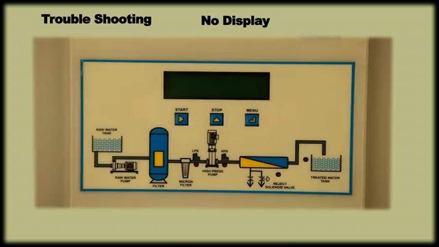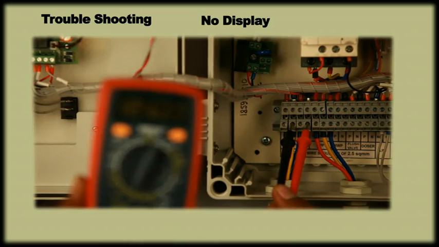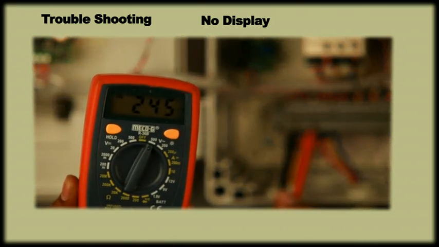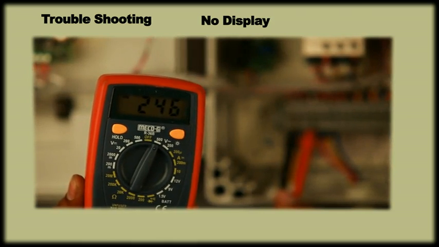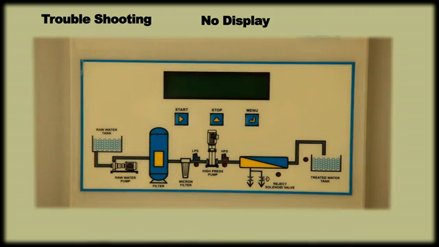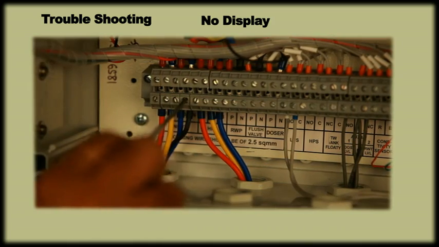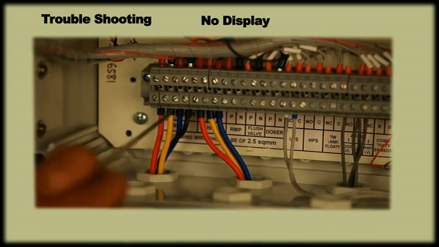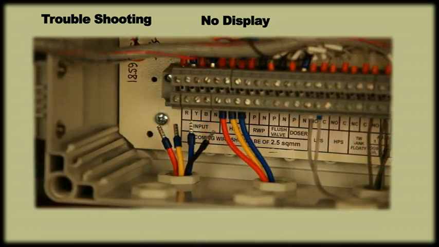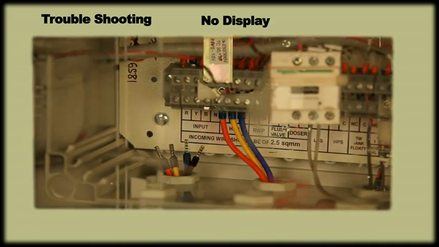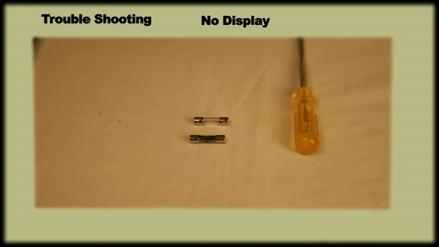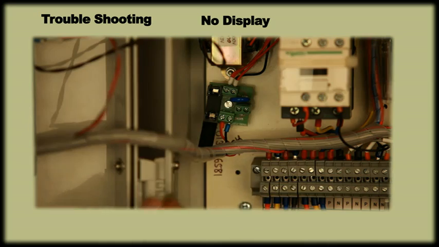If there is no display, check supply across the Y and N terminals. It should be around 230 volts using a multimeter. In case there is no supply, restore proper supply. In case the display remains off despite proper input supply, first remove supply and check the fuse. Replace it if burnt with a new one of 630 mA.